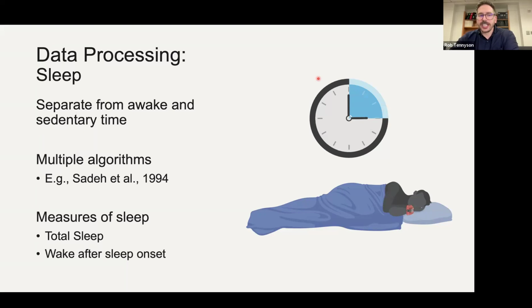So you can usually rely on it for the total hours of sleep someone is having. Wake after sleep onset is basically how many times you wake up in the middle of the night after you fell asleep. These are both measurements that are pretty good.